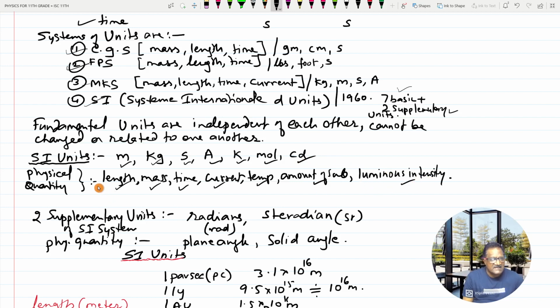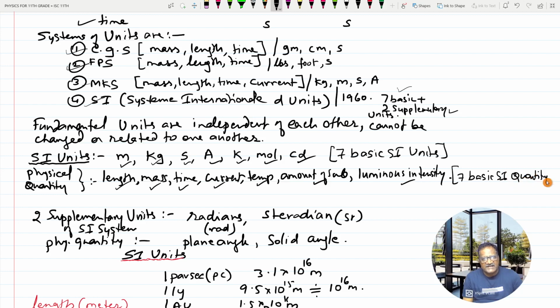Length, mass, time, current, all these are physical quantities, and meter, kg, second, ampere, Kelvin, mole, all these are units. So the 7 quantities and the 7 units in the SI system are listed over here.